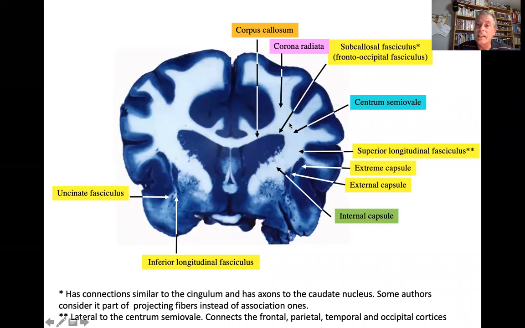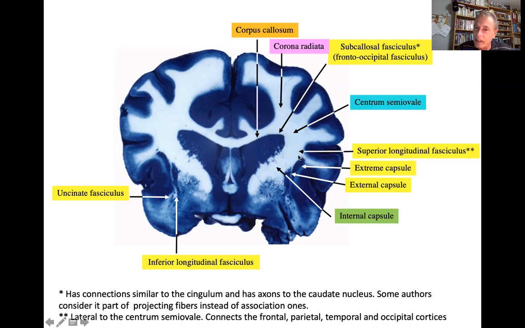Also, there is the subcallosal fasciculus, located underneath the corpus callosum. This is a fasciculus that connects frontal cortex with occipital cortex.